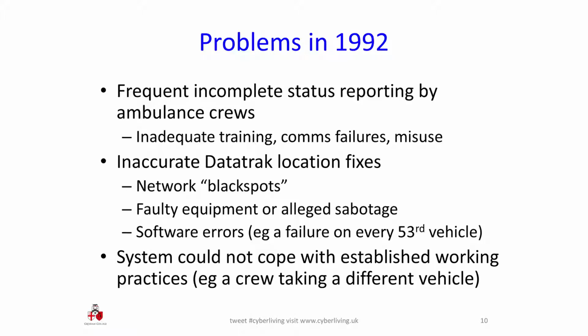Some of the vehicles were more comfortable to drive or performed better, or for various reasons, maybe just because they had their sandwiches in that one, they decided that was the vehicle they wanted to take. And when it was a manual call and the decision as to which ambulance to use was left to the crews, that was fine. Once the system was saying which ambulance should be used, that created a problem because the system thought that something had gone wrong.